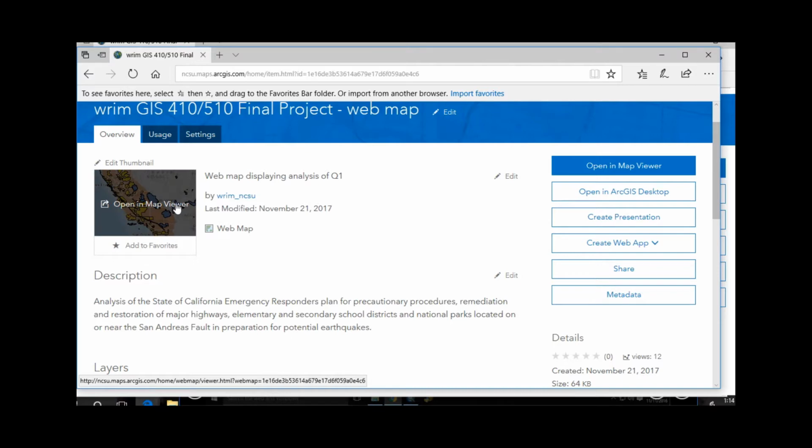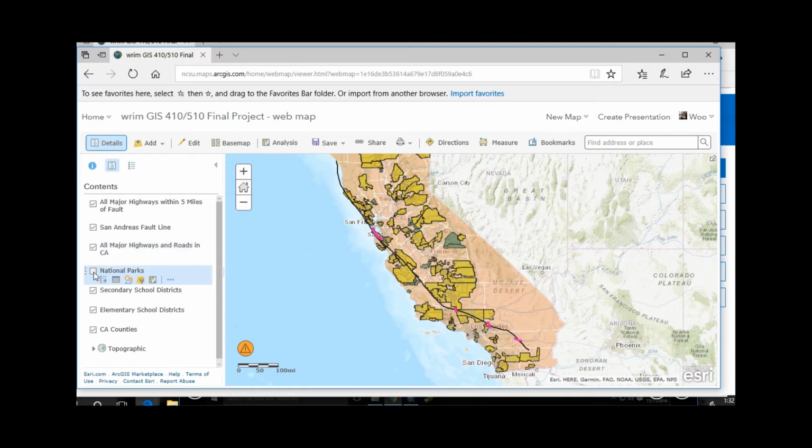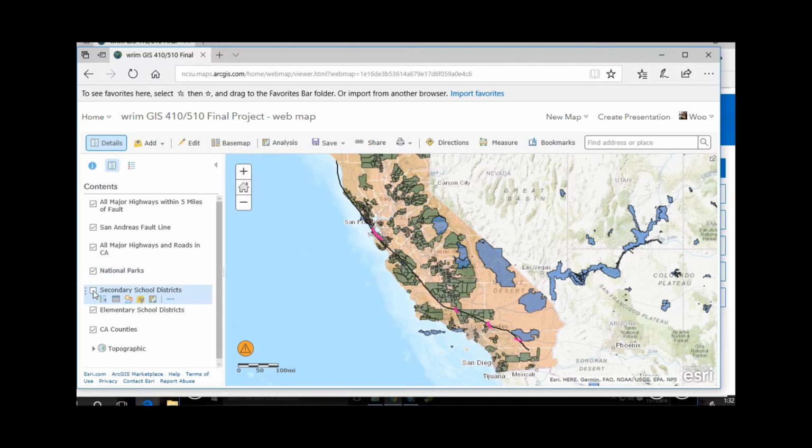If we open up the map viewer and take a look, I have the major highways within 5 miles of the San Andreas Fault in pink, the San Andreas Fault line in black, all major highways and roads in California in gray, the national park boundaries, which extend out to the entire U.S., in blue, the secondary school districts in yellow, and the elementary school districts in green, as well as the California counties represented as a reference background layer in transparent orange.